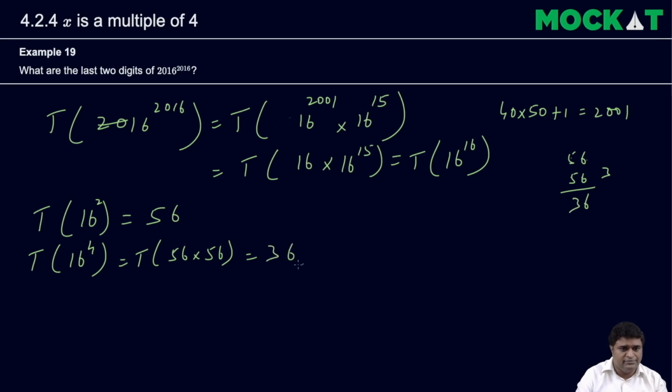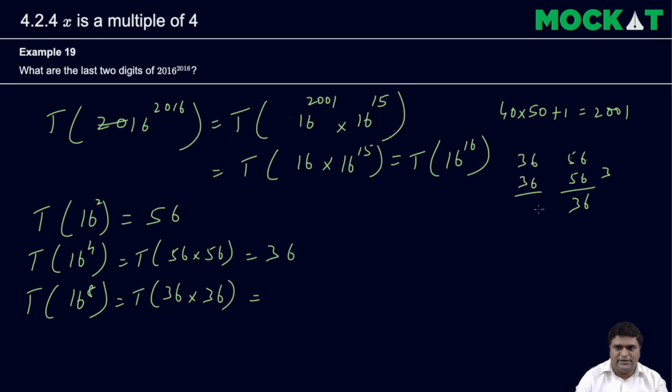That's all I want. Now 16 power 8 is going to be 16 power 4 into 16 power 4, so that's the previous one, 36 into 36. For 36 into 36: 6 6 are 36 and 3 carry up, 18 plus 18 is 36, plus 3 is 39, so 96.